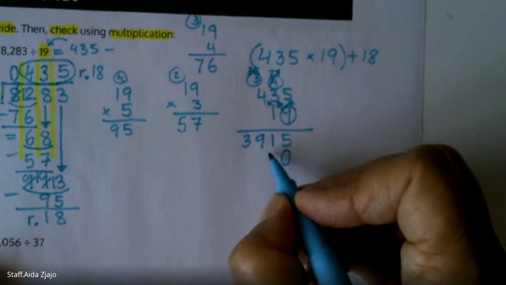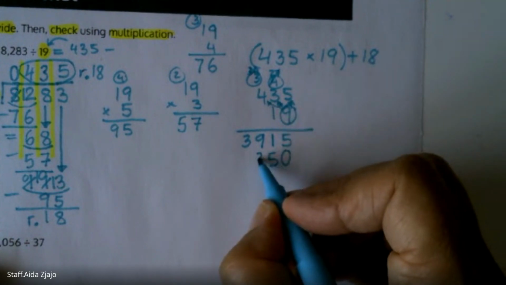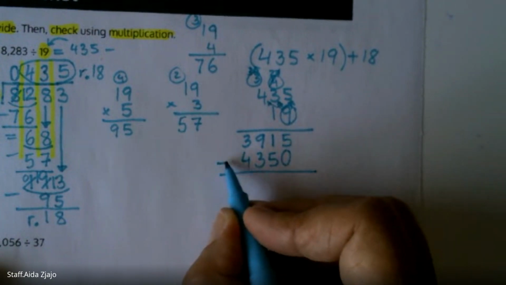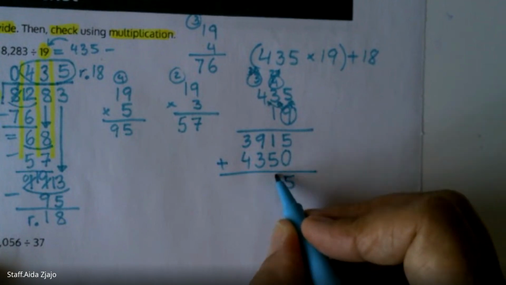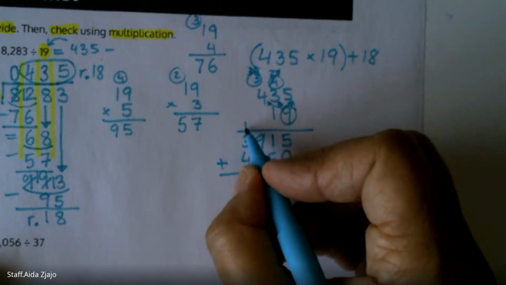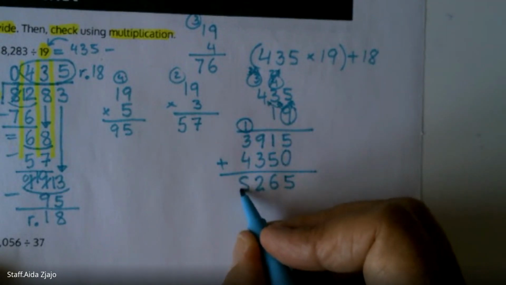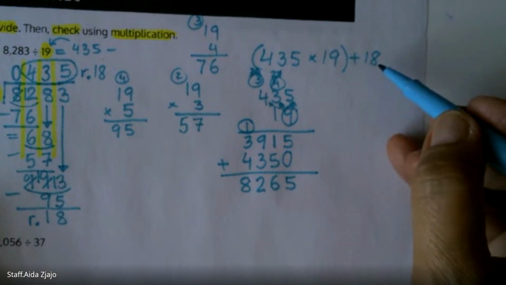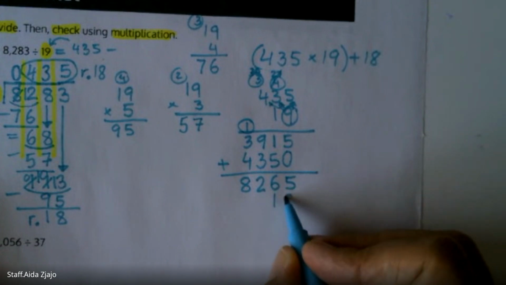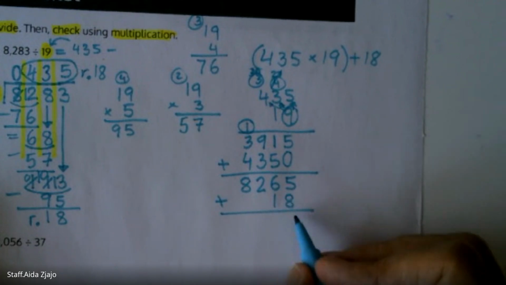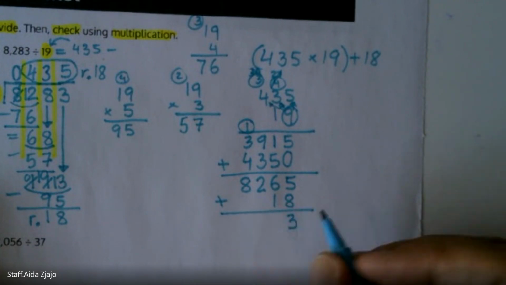And 1 times 5 is 5, 1 times 3 is 3, 1 times 4 is 4. You add them up, and you got 9 plus 3 is 12. Remember 1, and that is 8,265. But we need to add 18 to it, our remainder, and that would be 8 plus 5 is 13.